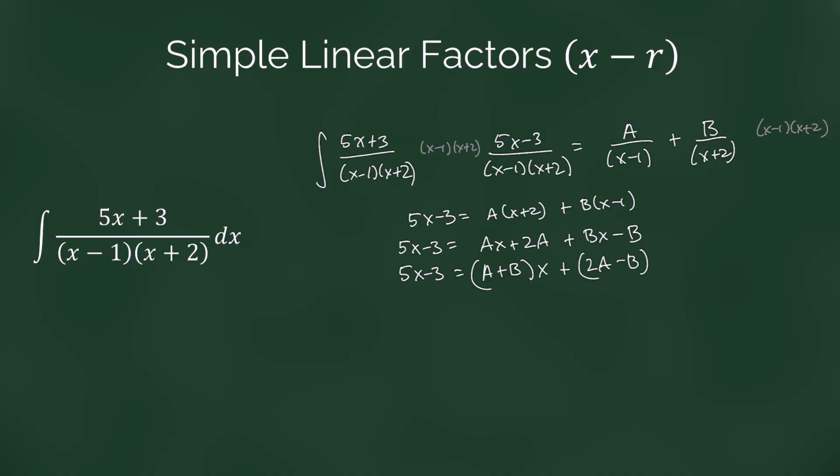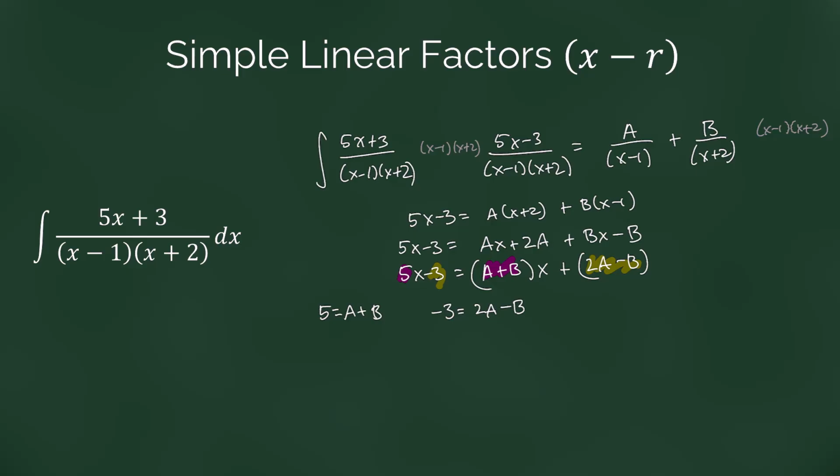And now I'm going to compare my coefficients. So I'm going to notice that 5 and a plus b must be the same. And similarly, negative 3 and 2a minus b have to be the same. All right, so now we have a system of equations, and we're going to solve that.